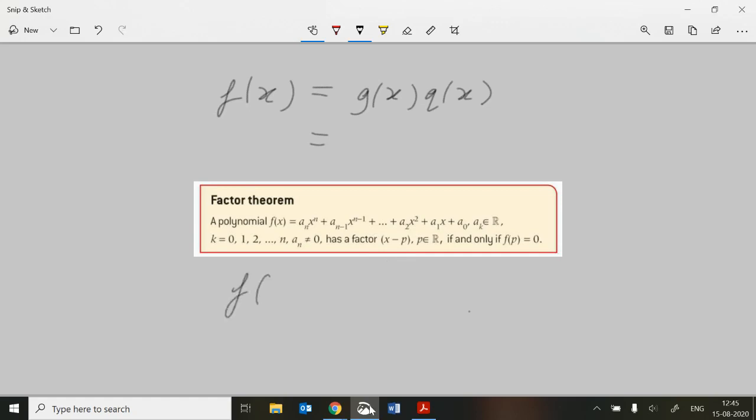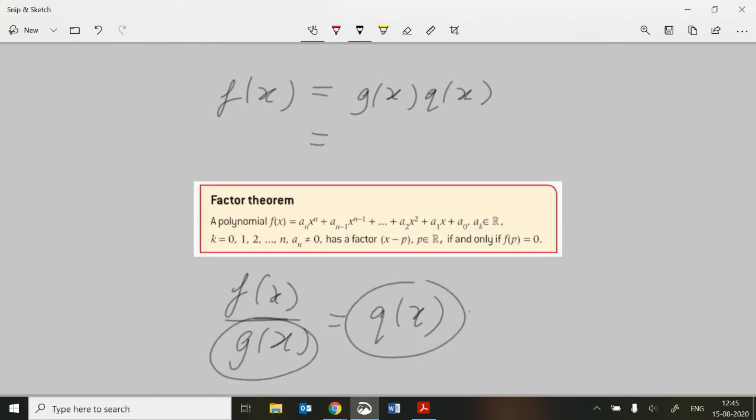So really what we're normally saying is f of x can be divided by g of x to give us this quotient of x, to give us the other factor. Okay, so this is our factor, and we're being left with this other factor. Now I've just written it in that form, just as you saw in the previous exercise as well.